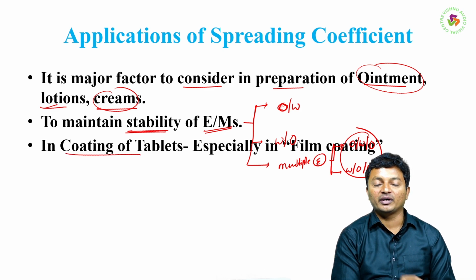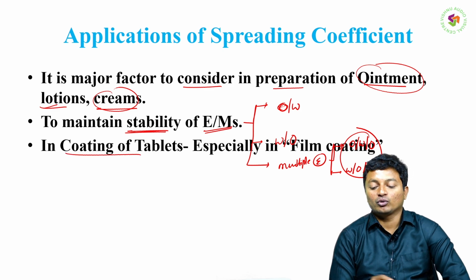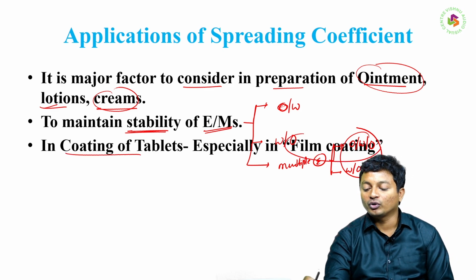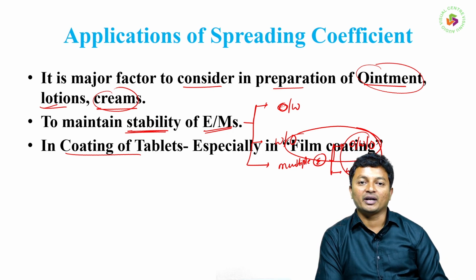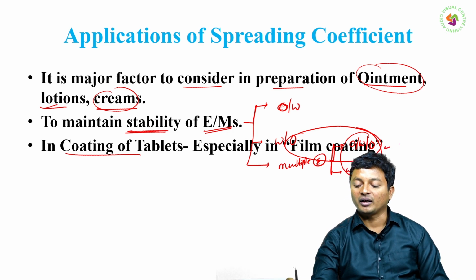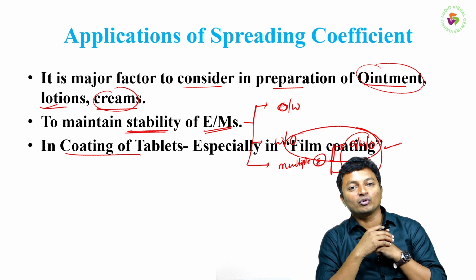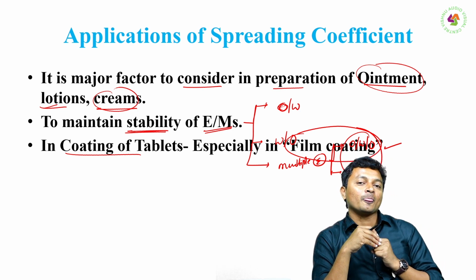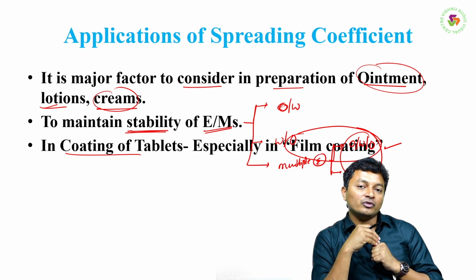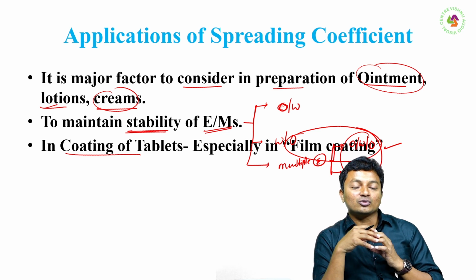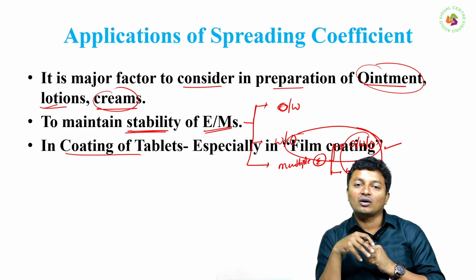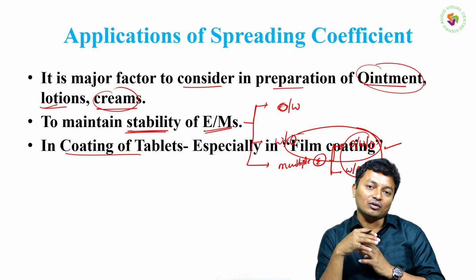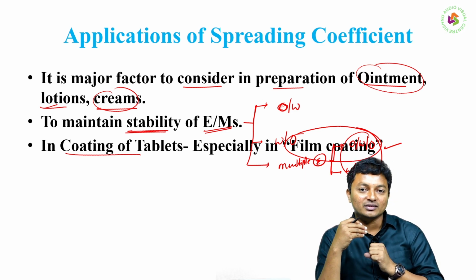In tablet coating, especially film coating, the spreading coefficient should be maintained, because the film coated tablet needs to be finished very smoothly. We need to adjust the spreading coefficient and ensure that all the tablets undergo proper spreading by the dye.